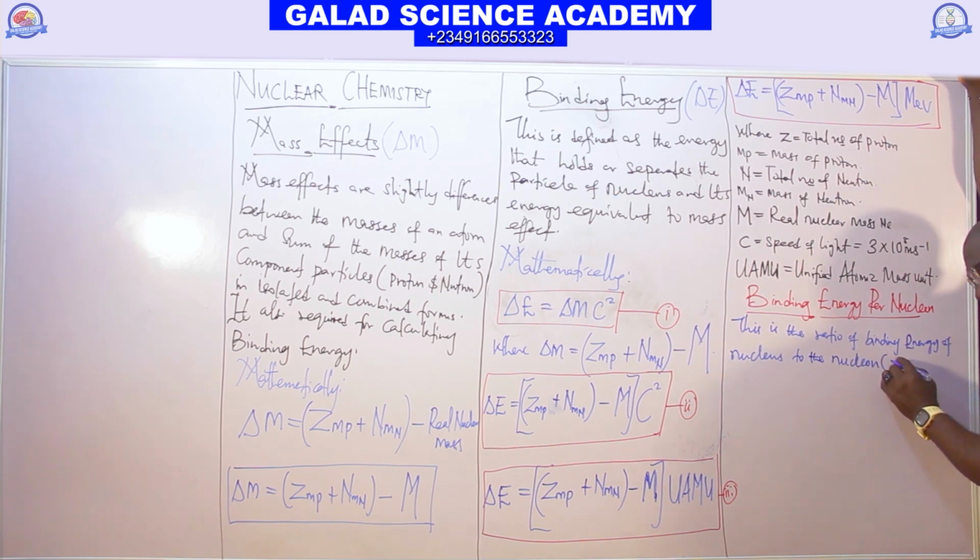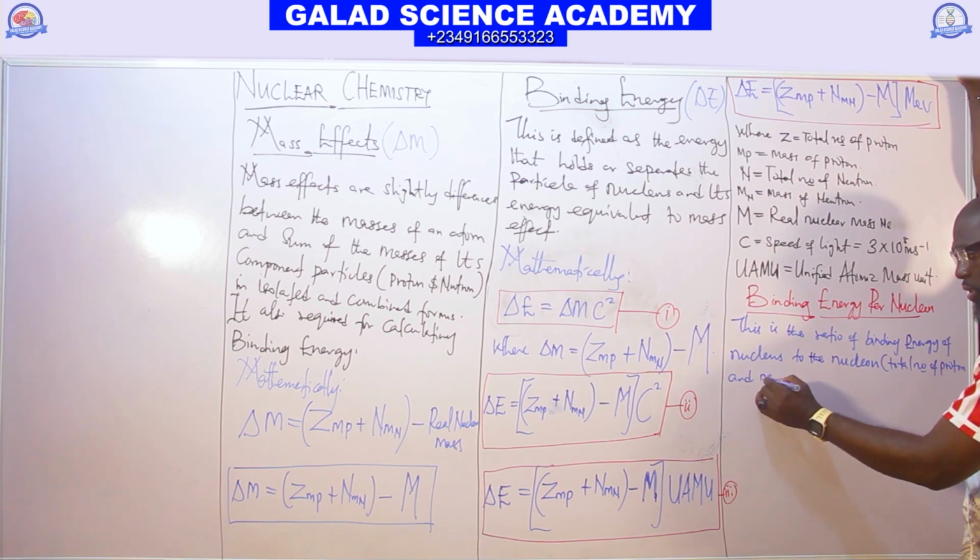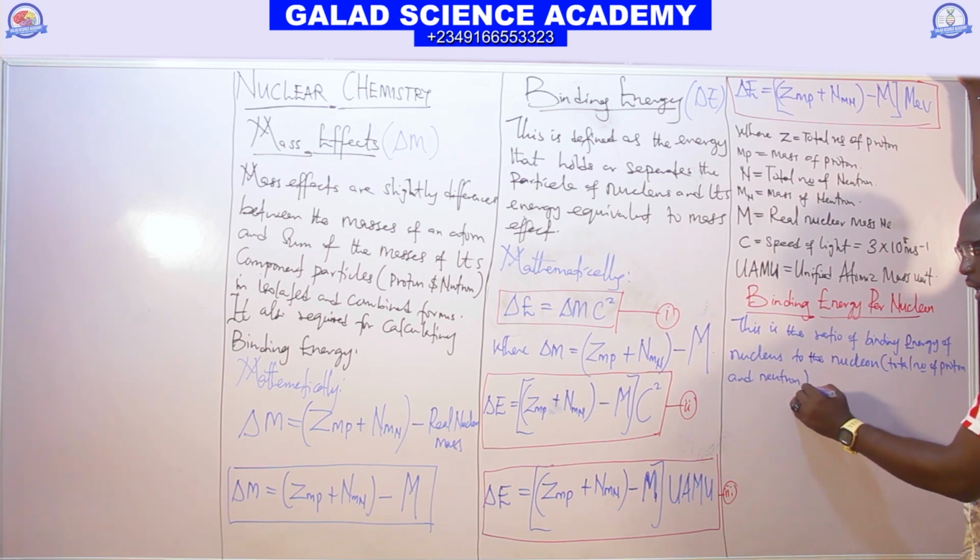What is nucleon? Nucleon is the total number of proton and neutron.